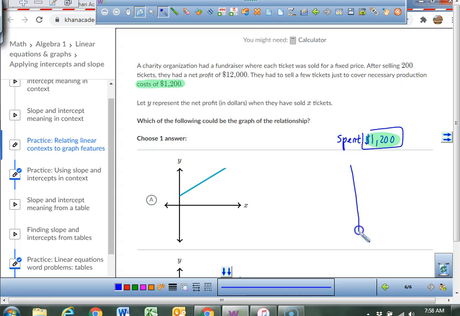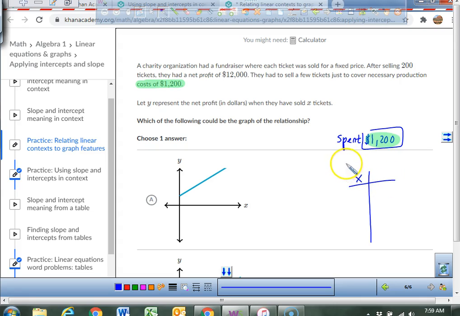You literally start, before the charity, you start with, remember, x equals tickets and y equals the money that you make. Well, if you sold 0 tickets, you'd actually be in the negative. You'd have negative $1,200 to make up. So you owe, basically you're in debt $1,200.